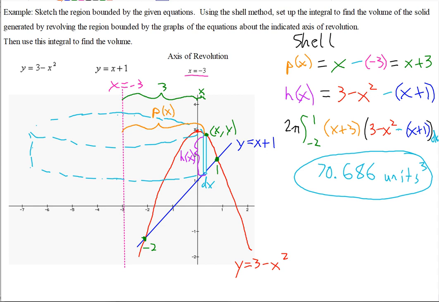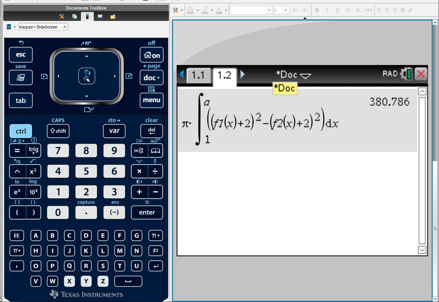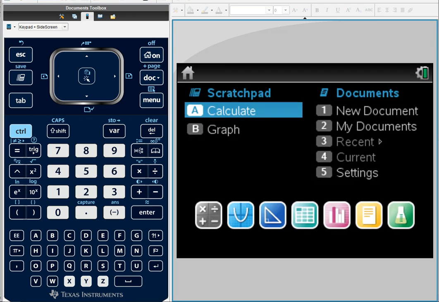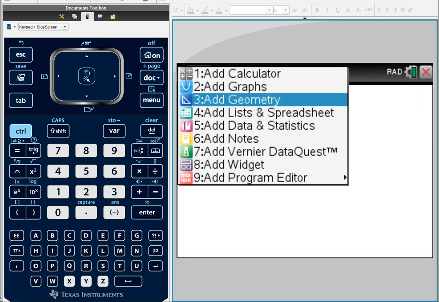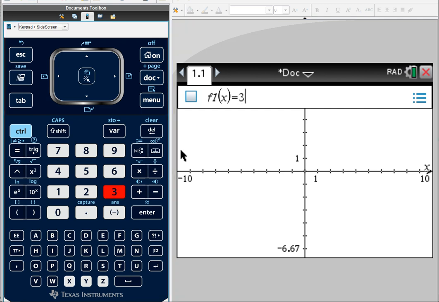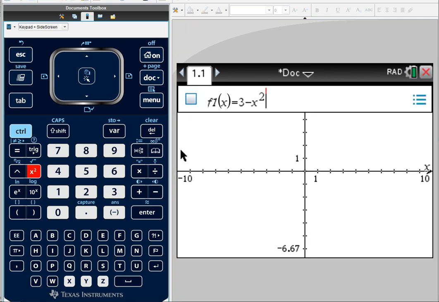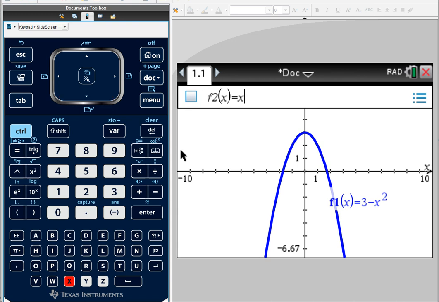And let's just see how to do this on the Inspire real quick. So on the Inspire, I'll just close this up here. Document, graph, so the first one is 3 minus x squared, the second is x plus 1. There's our region.